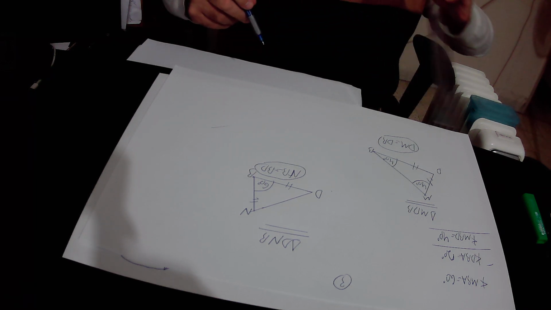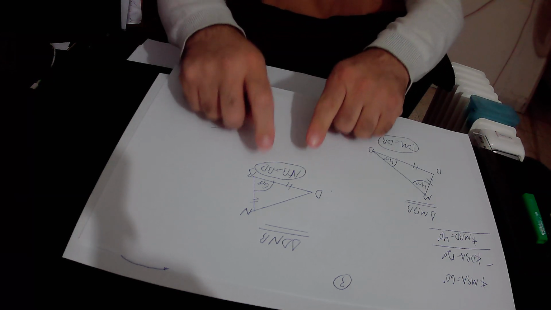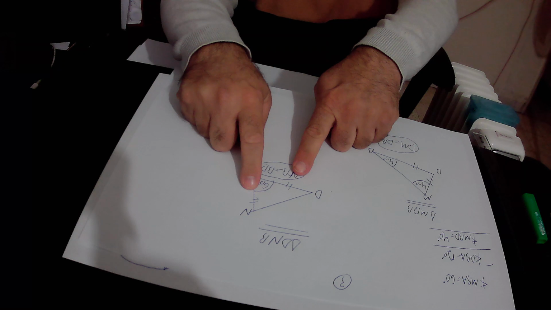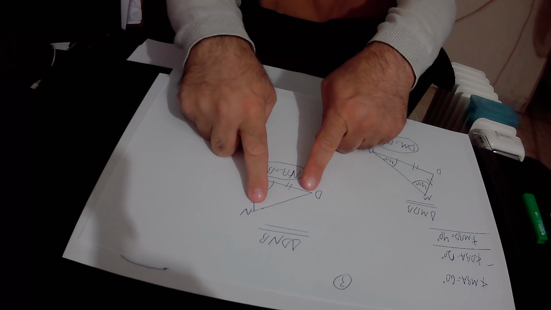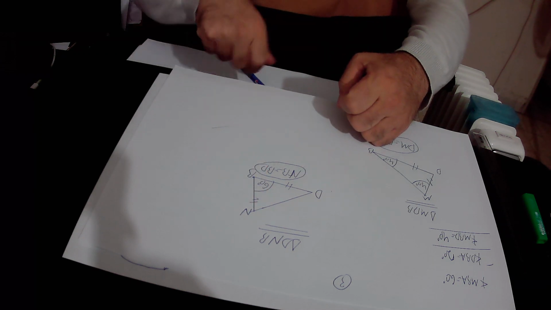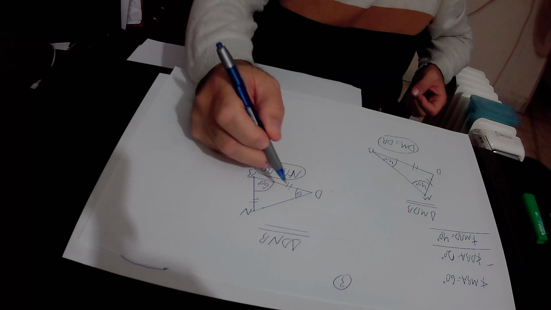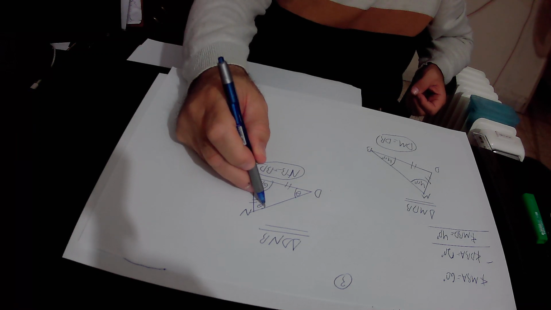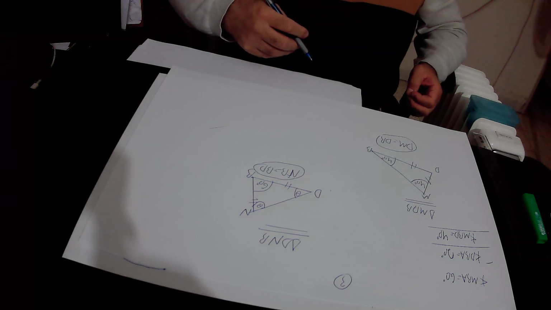Again, we have the rule that in front of equal sides in the triangle, there are equal angles. So those two sides that are equal to each other are located in front of those two angles that must also be equal to each other. So if this angle is theta, then the other angle must also equal theta, and the sum of the angles in triangle DNB must equal 180 degrees.